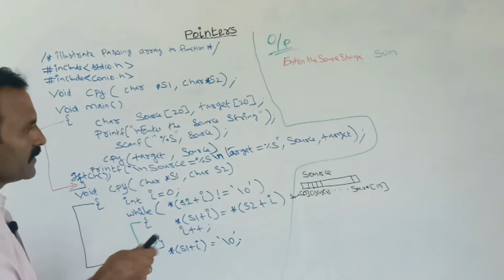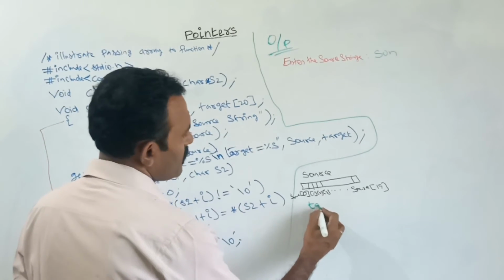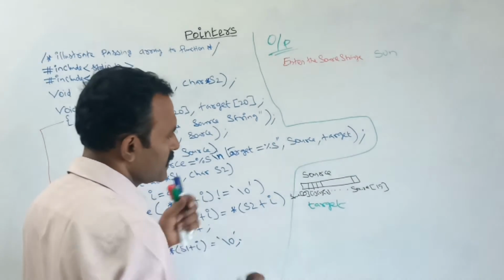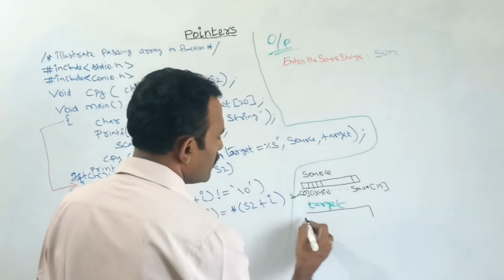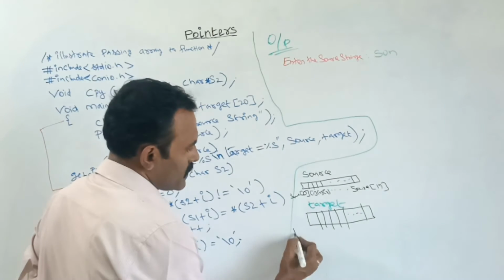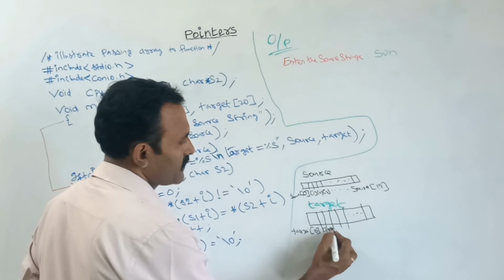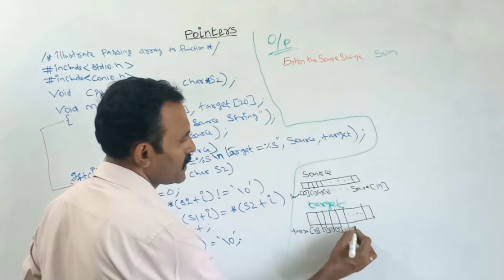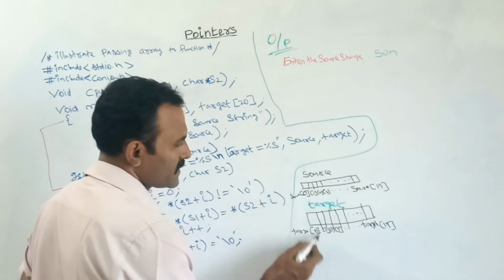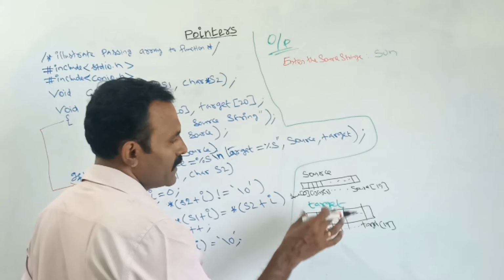For the target also it has 20 spaces in total: target of 0, target of 1, target of 2, target of 3, etc., up to target of 19. Totally it has 0 to 19, 20 bytes. So 20 bytes are allocated for source and target.